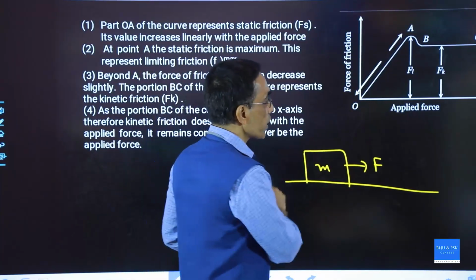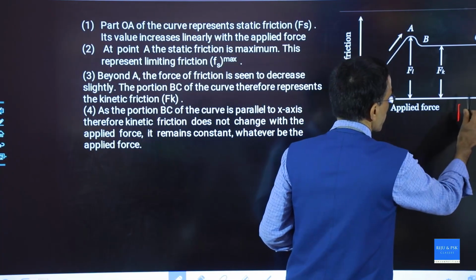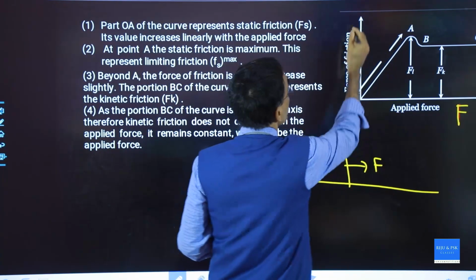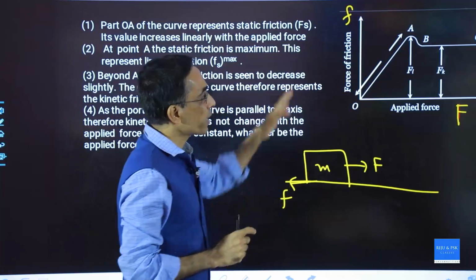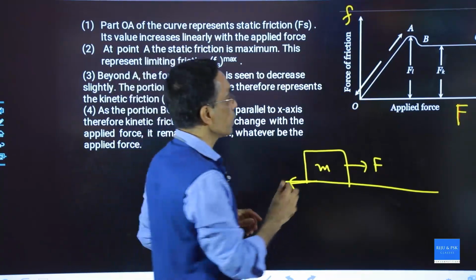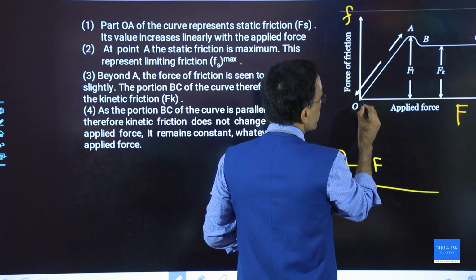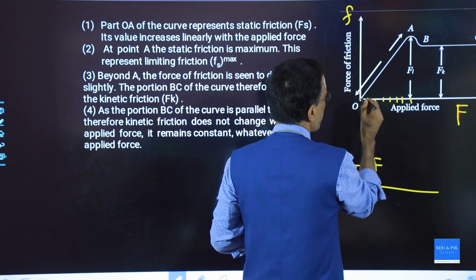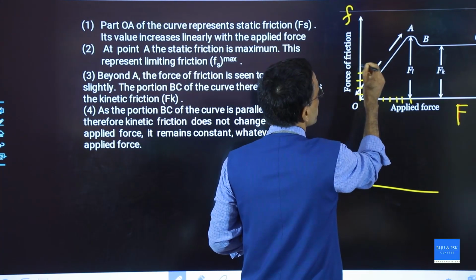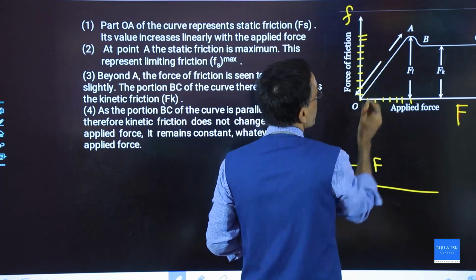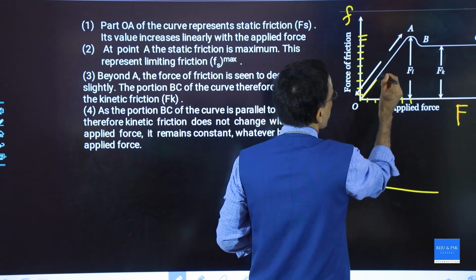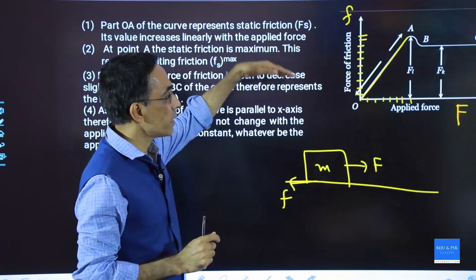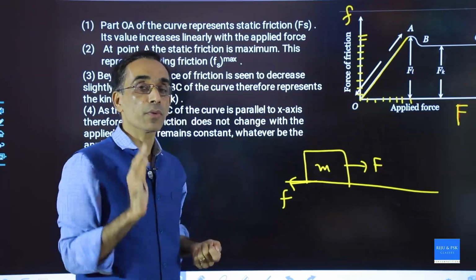So, if you plot a graph of applied force F here and the frictional force on the y axis, you get a graph like this. And what does it tell you? You can see that from 0, 1, 2, 3, 4, 5, 6, 7 etc., friction is also increasing like this. So, here you can see the graph is a straight line. We can say the frictional force is directly proportional to the applied force.